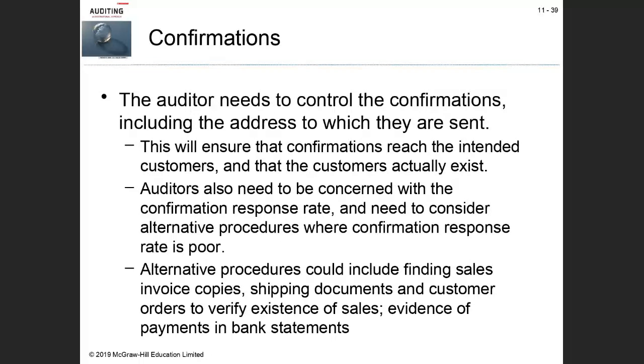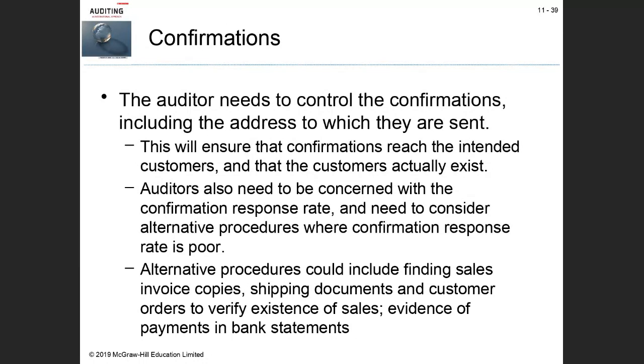Now, just some background information on the actual audit process itself with respect to confirmations. The auditor, and this is discussed on page 480 in the text, has the control of the confirmation letters being sent out. And that ensures that the confirmations reach the intended customers, and that the customers actually exist.